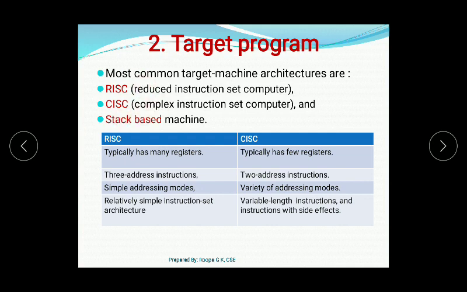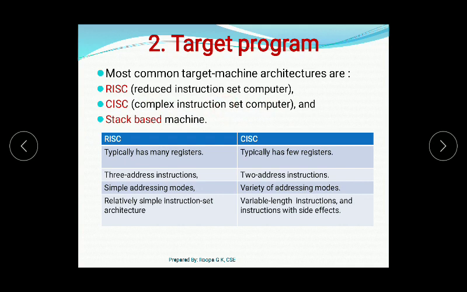Let us see one by one. RISC you have already studied in the previous semester about RISC and CISC. I think in CO you have studied. RISC is an abbreviation for reduced instruction set computer. And CISC is complex instruction set computer. And last one is about stack based machine which will make use of stack concept like push and pop operation.